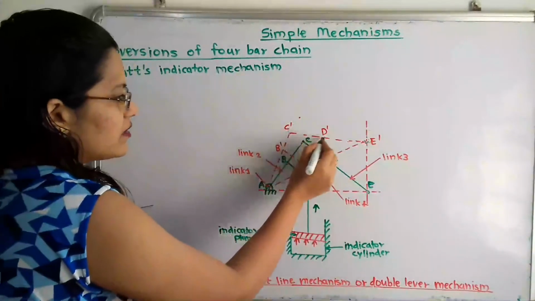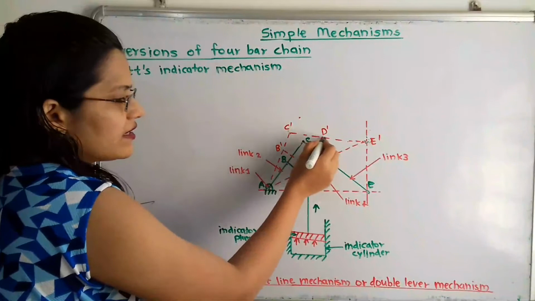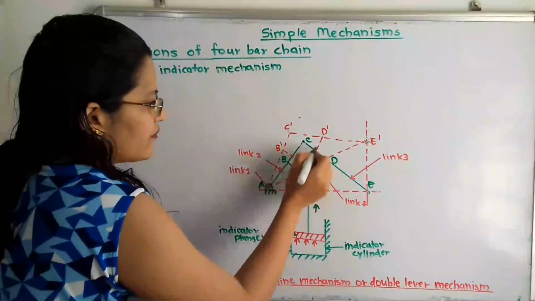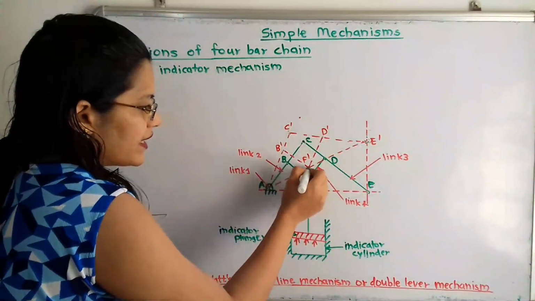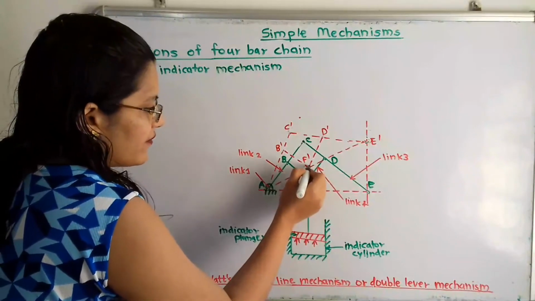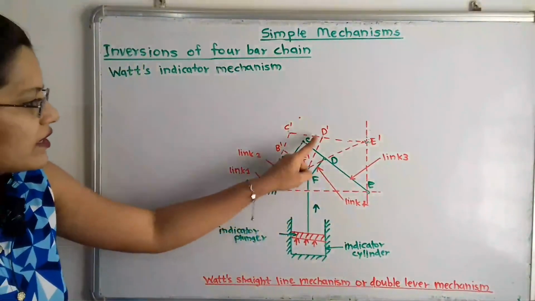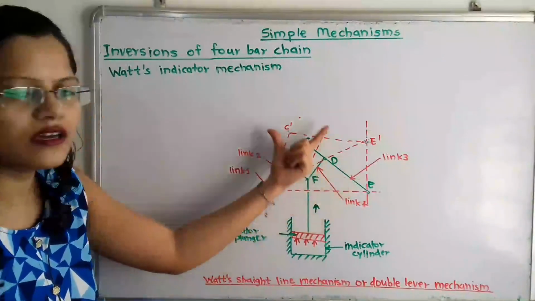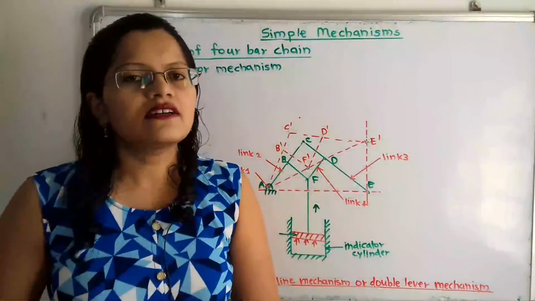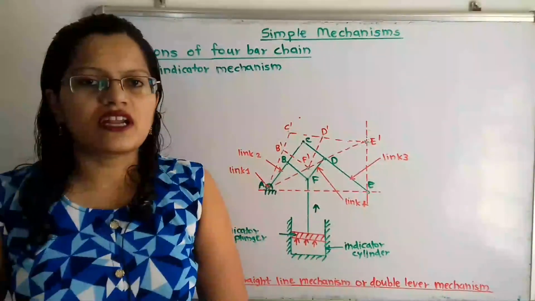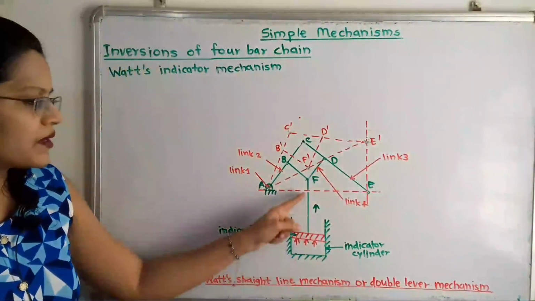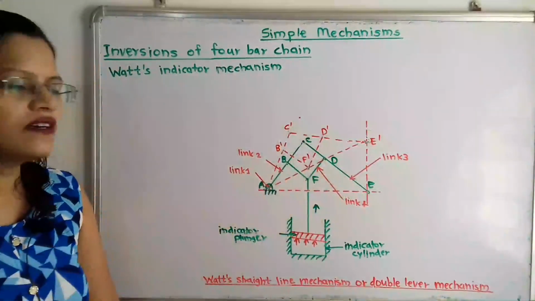So here are the two ends of this link 4, and then we will take the point F, that is known as point F dash, and if we connect these two, then we will get the final position after displacement of this plunger. So here is the diagram.